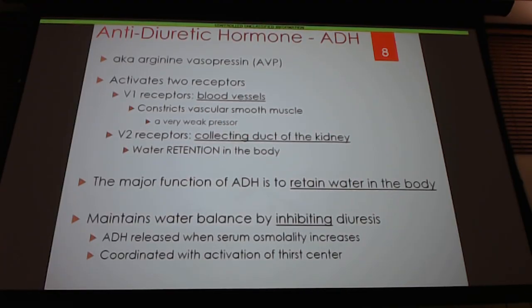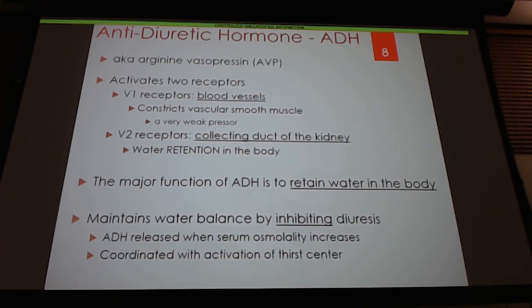For this class though, all I care about is the V2 receptors, right? And so they're gonna go to the collecting ducts of the kidneys, and the whole point of this hormone is to retain water into the body. So antidiuretic, it's in the name, right? Diuretic means what? Pee out, or an anti-water drug, right? So we want to retain water in the body to reach what?